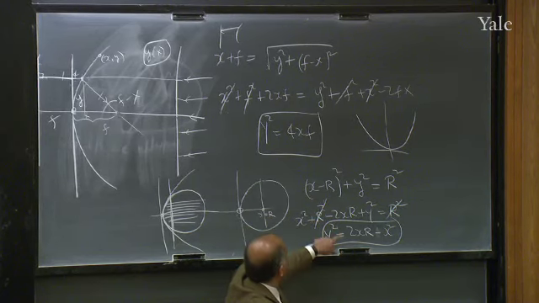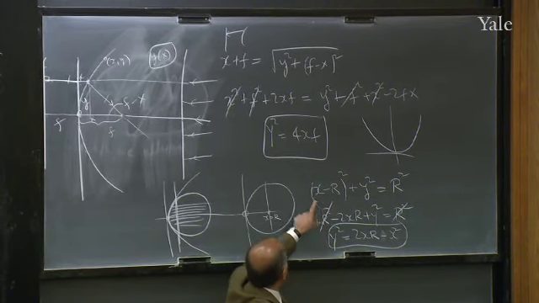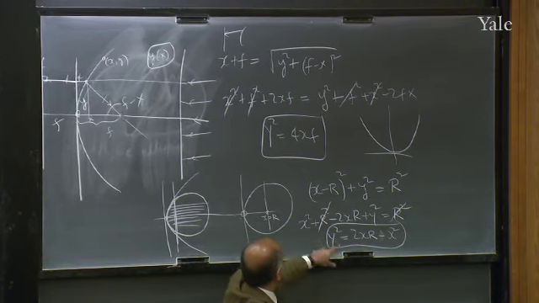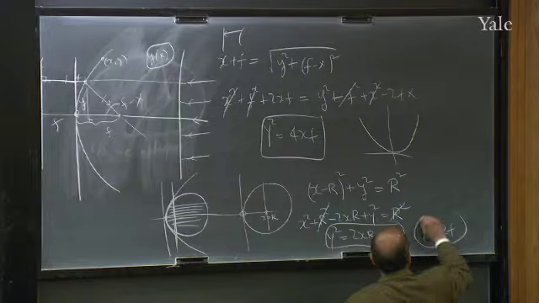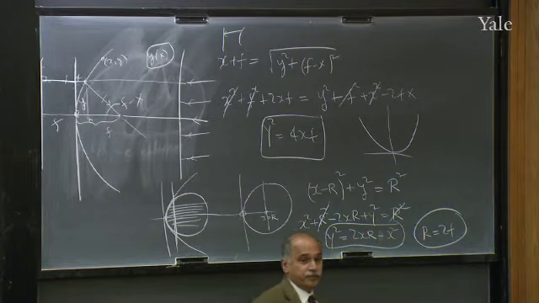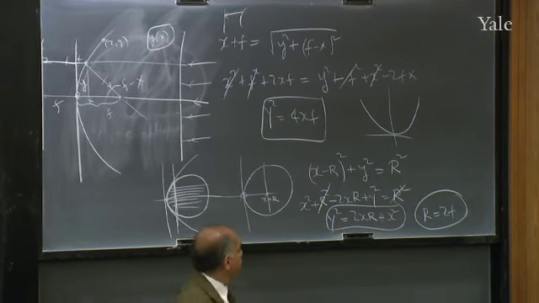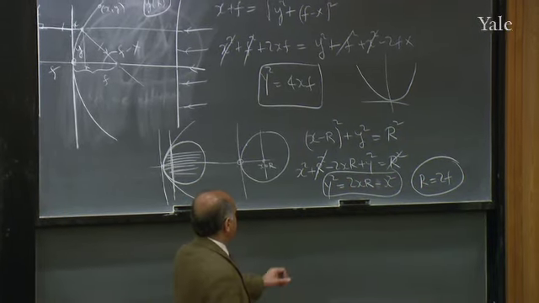But if you compare the two, you find 4xf is equal to 2xr. That means r is equal to 2f. Or if you like, the focal length is r over 2. But we're not done yet because I just threw away the second term. I got to give you a reason for throwing the second term.